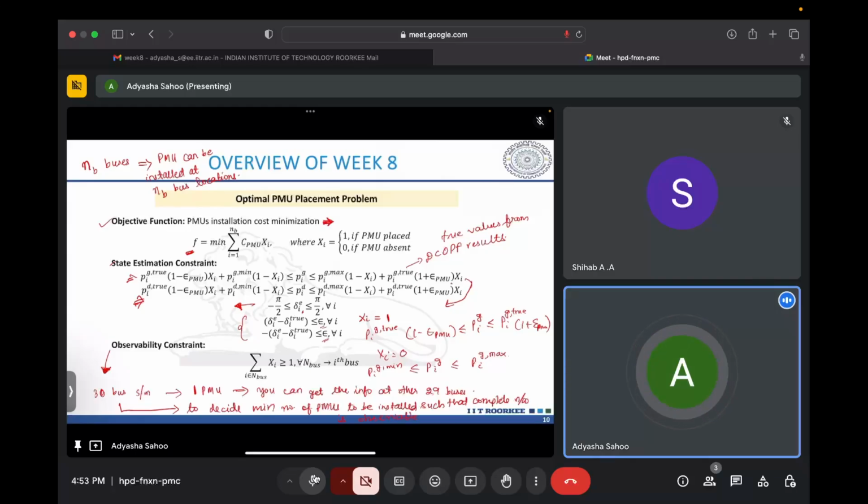So what this means is that you need to find out how many minimum PMUs, let's say 3 or 4 or 5 PMUs. Let's say you find that by installing 5 PMUs, you can get the information of all the rest 25 buses. Then we say that the complete system is observable. So that is ensured by this constraint, summation xi greater than equal to 1. We'll see how this constraint ensures the observability in the next slide.